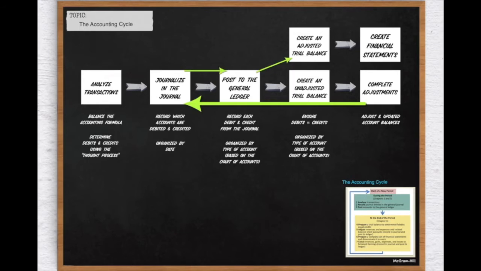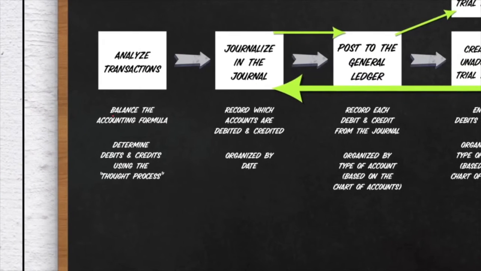If you recall, this is ensuring that you're balancing the accounting formula. And the accounting formula is assets equals liabilities plus capital minus dividends plus revenue minus expenses. So just make sure the accounting formula is balanced first of all.